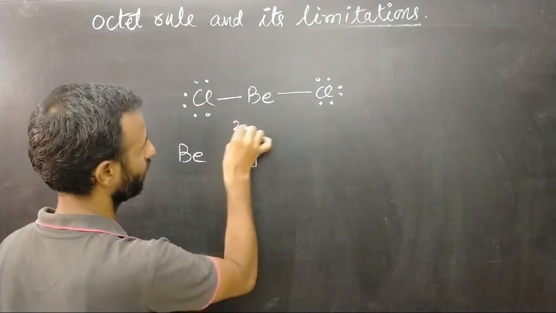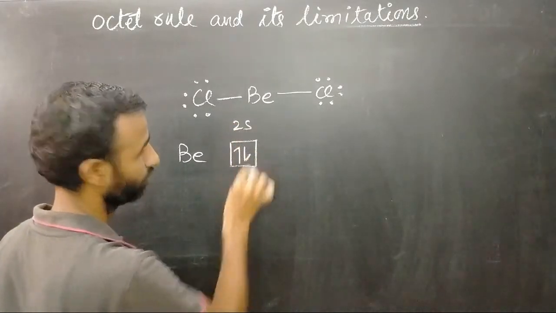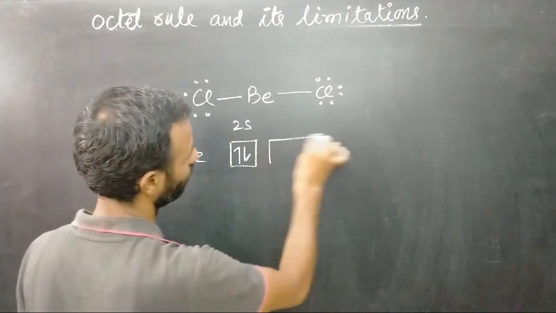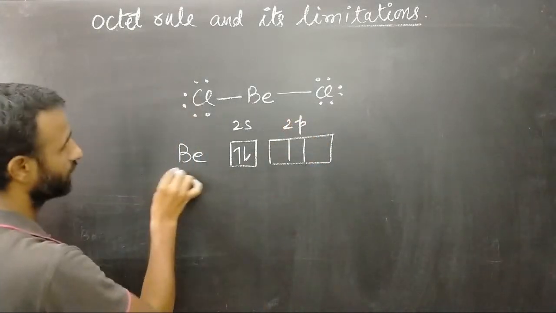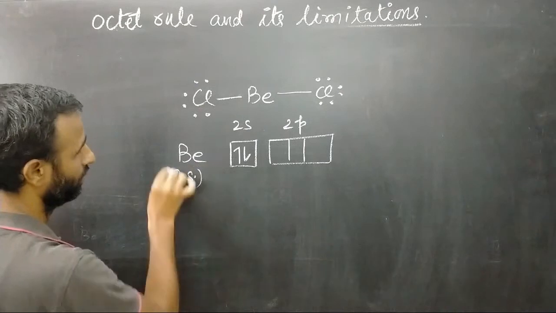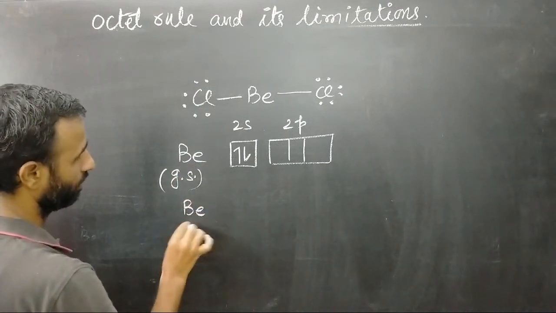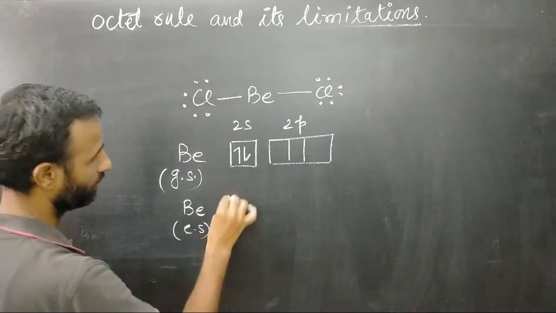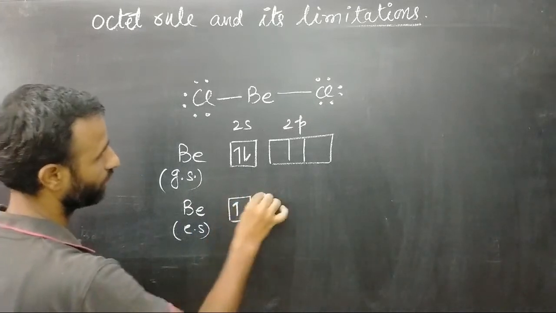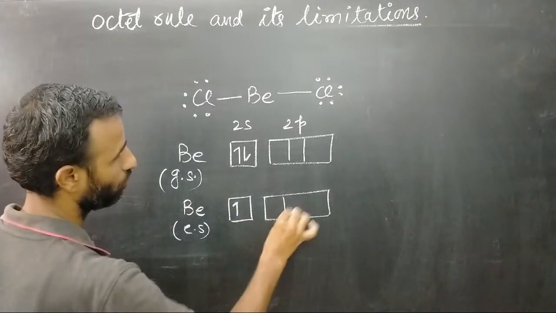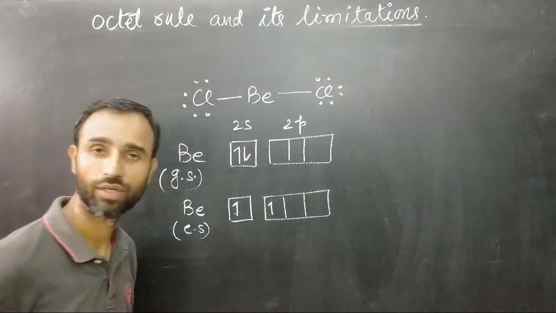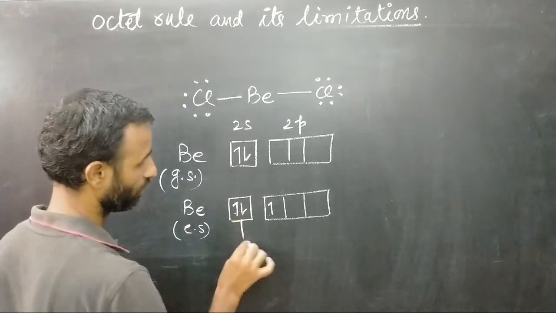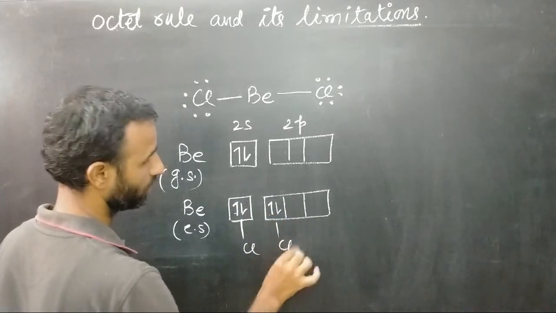You have 2s2, and 2p is vacant. This is the ground state. So beryllium in excited state, one of the electrons shifts from 2s to 2p. So these 2 electrons form bonds with chlorine. It is like this.